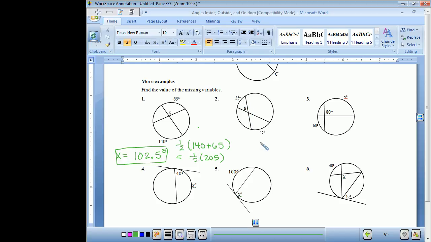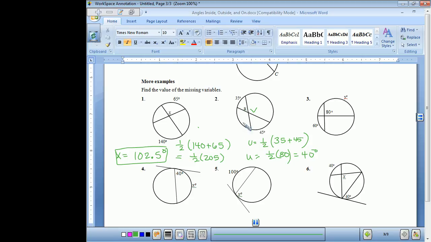So we add them up and take half. So U is 1/2 of 35 plus 45, and 35 plus 45 is 80. Half of 80 is 40. Now, I could see your teachers, instead of putting U right here, asking you for V right here.